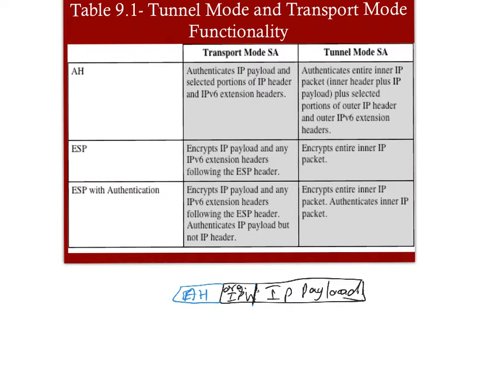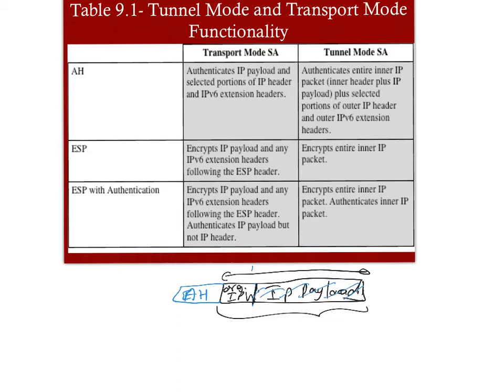So remember, we add the AH. The authentication includes everything. This is when you calculate the message authentication code. When you calculate the message authentication code, you calculate it based on the entire header and the payload. However, when you encrypt, you encrypt only the payload.